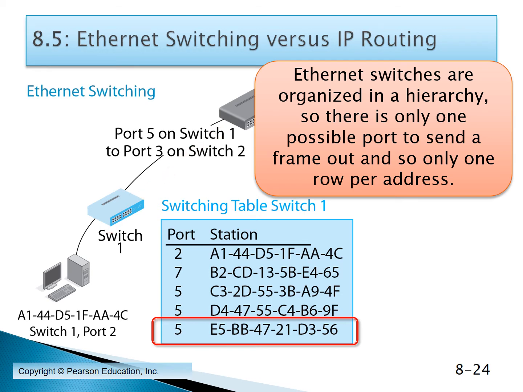For each switch we have a switching table. Suppose this is the switching table for switch 1. If the destination is this E5BB computer, then the port is 5, so I just send it out from port 5, and then you go to port 3 on switch 2. So it must be in a hierarchy.